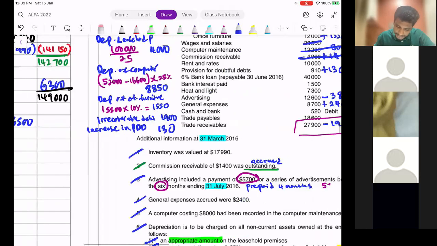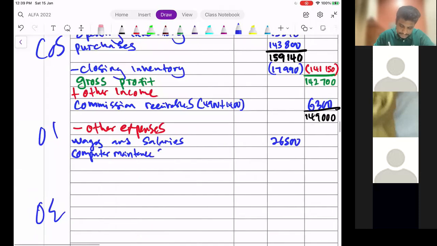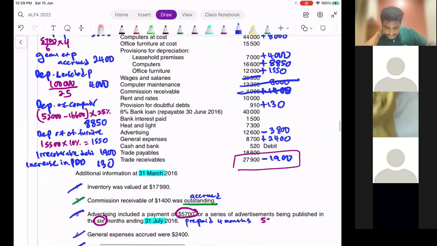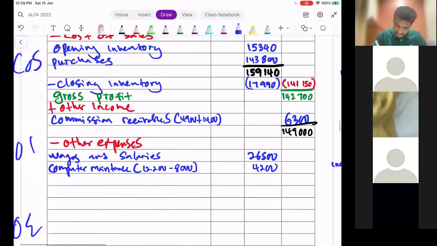Computer maintenance is 12,200 minus 8,000, so you get 4,200. For that, do you have anything else? Yes, rent and rates. Rent and rates 10,000.